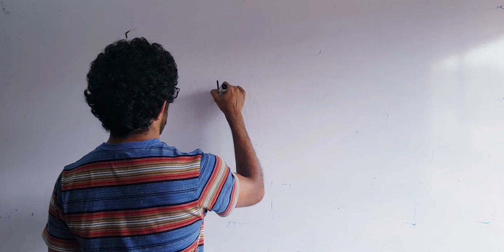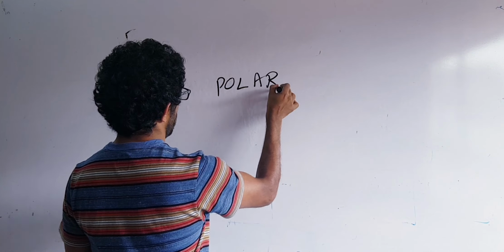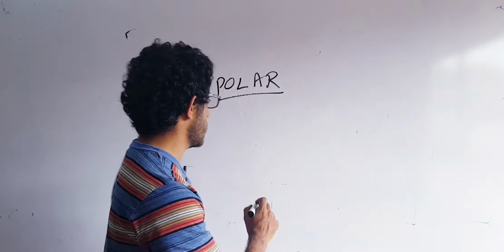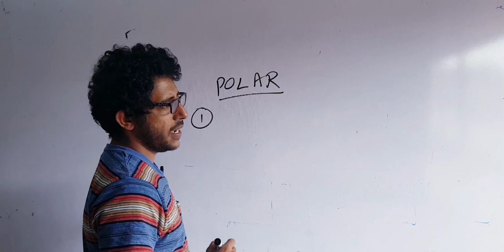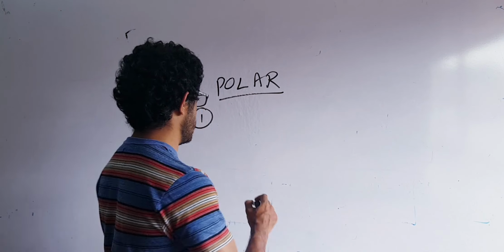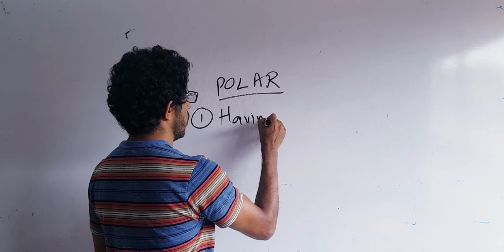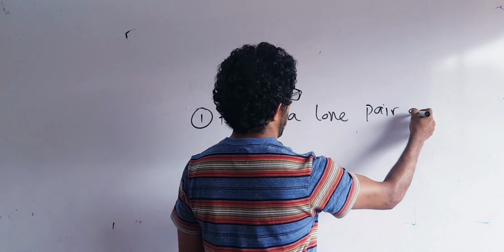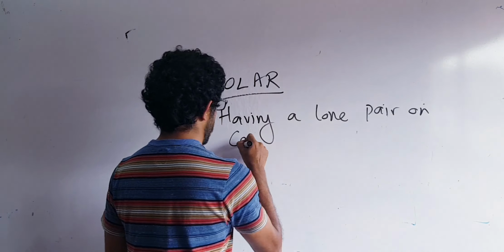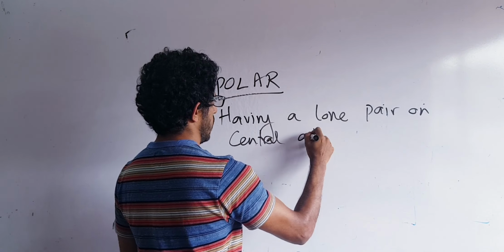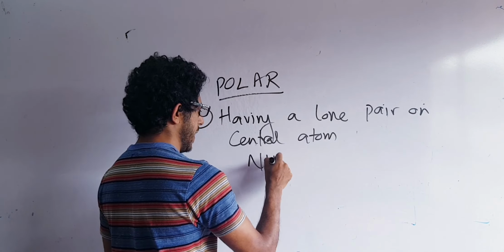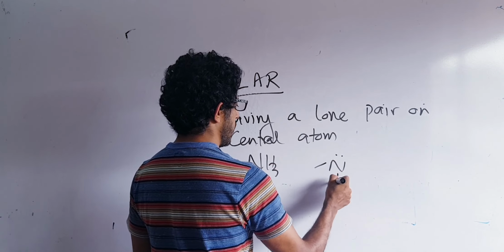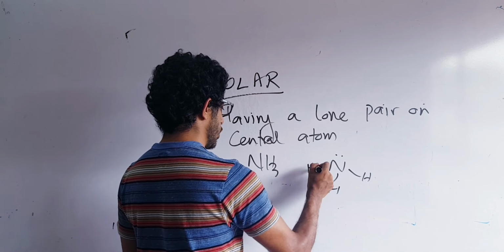Let us talk about a polar molecule. For a molecule to be polar, there can be two reasons. One reason is having a lone pair on the central atom. That usually makes the molecule polar. For example, ammonia, NH3, has a lone pair on nitrogen.